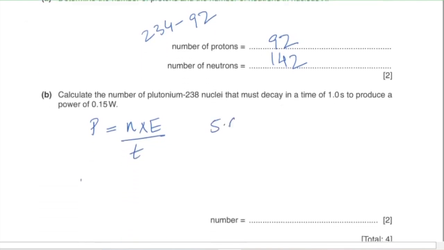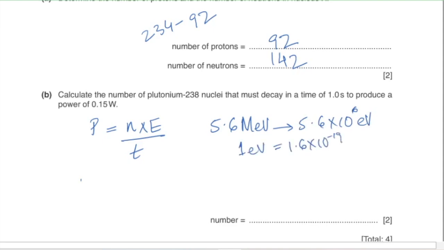So 5.6 mega electron volt to first electron volt. This will be 5.6 into 10 to the power of 6 electron volt. Each electron volt has 1.6 into 10 to the power of negative 19 joules of energy. So 5.6 into 10 to the power of 6 electron volts will be equal to 5.6 into 10 to the power of 6 into 1.6 into 10 to the power of negative 19 joules of energy.